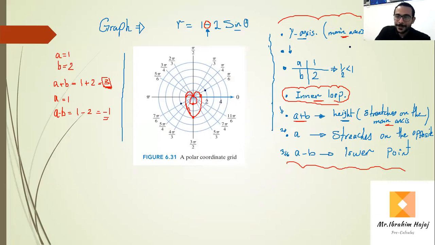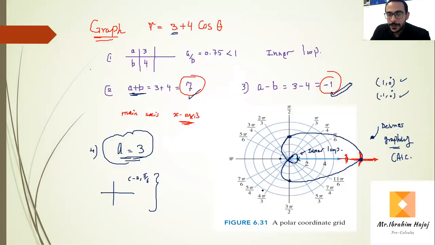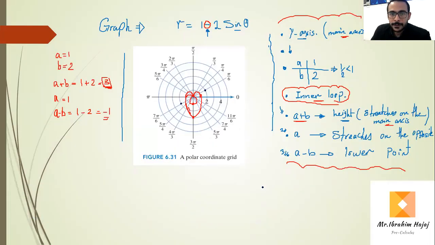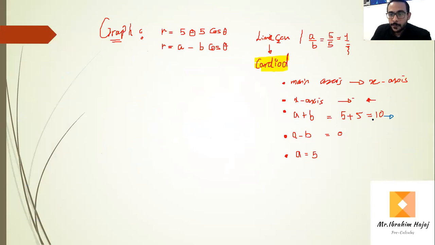Okay, guys, so here we have to find a plus b. So what is a plus b? The height, or how far it stretches on the main axis. So in our question here, we have to move 10 units to the left of the pole.